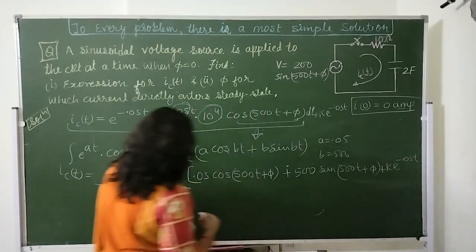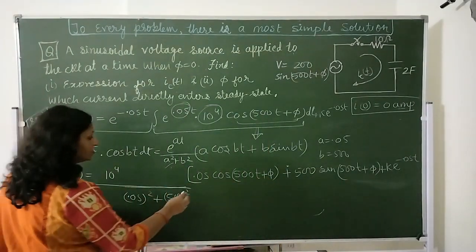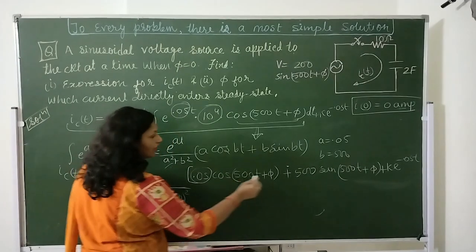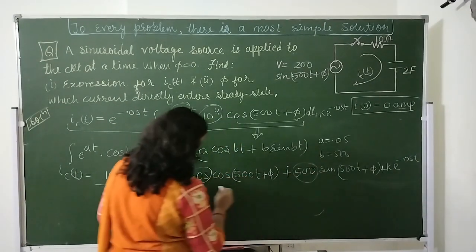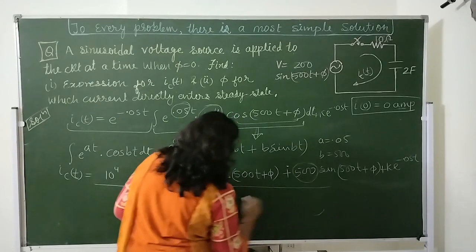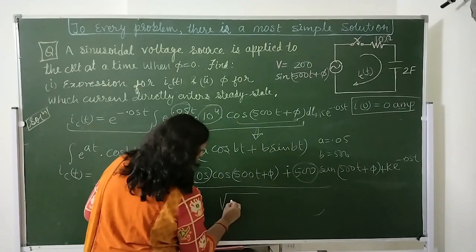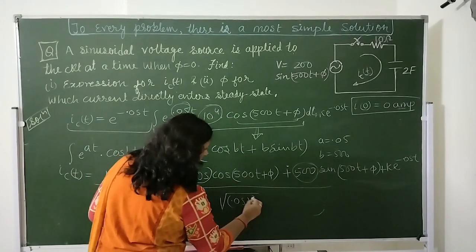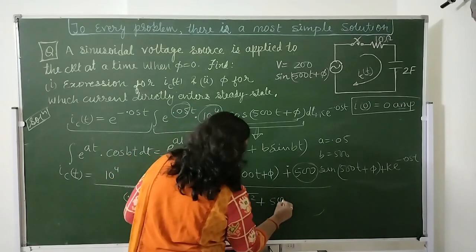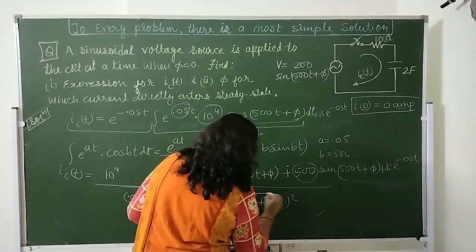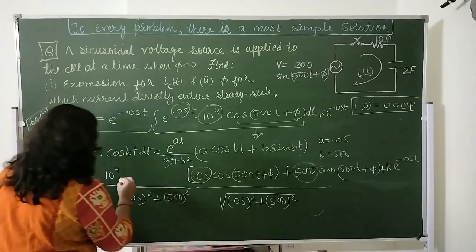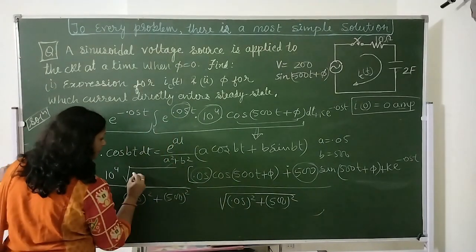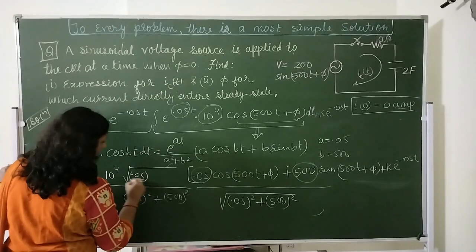Now divide by the square of the coefficients and root of them, that is 0.05 whole square plus 500 square and root of them. Similarly, multiplied by the same number.